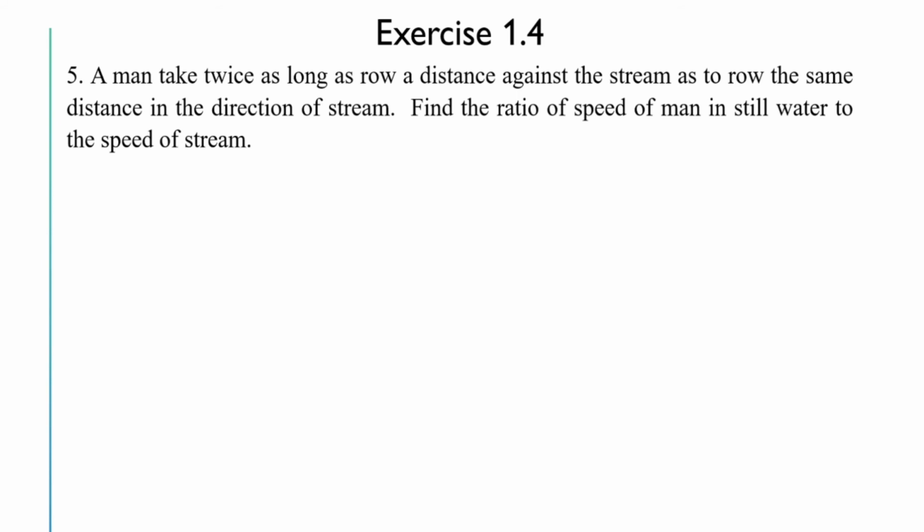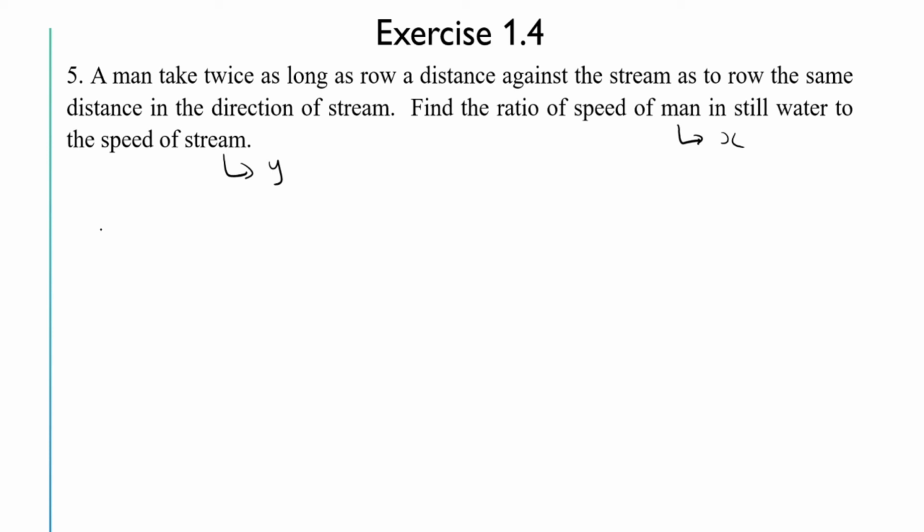Next question. A man takes twice as long to row a distance against a stream as to row the same distance in the direction of the stream. Find the ratio of speed of man in still water to the speed of the stream. So we know that the speed of man in still water we consider it as x, and speed of stream we consider it as y.